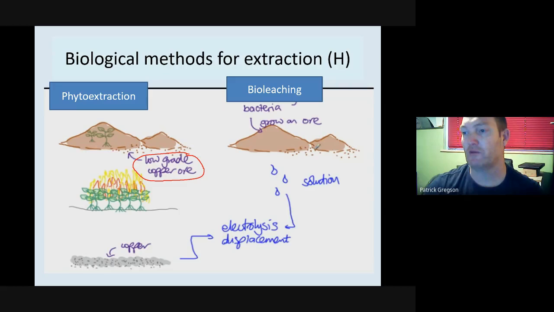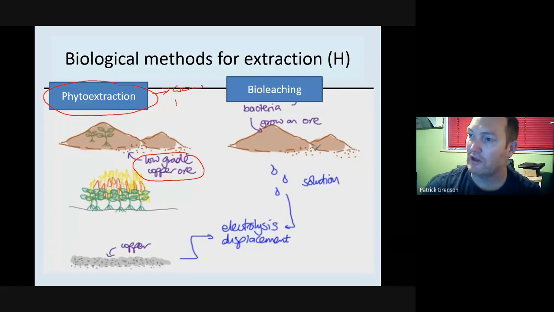So one of the processes is phytoextraction, and you grow plants on these big mounds. You have to excuse my drawing, I am not an artiste in any way, shape, or form.